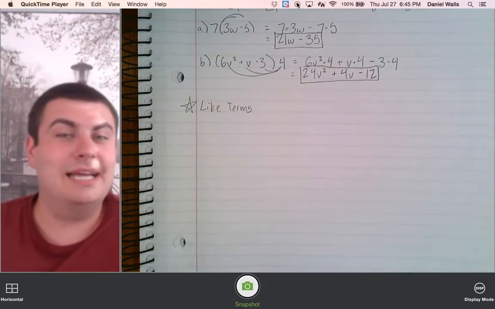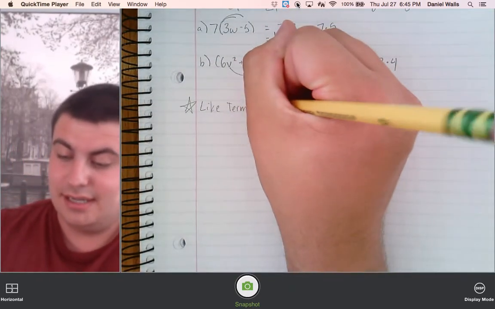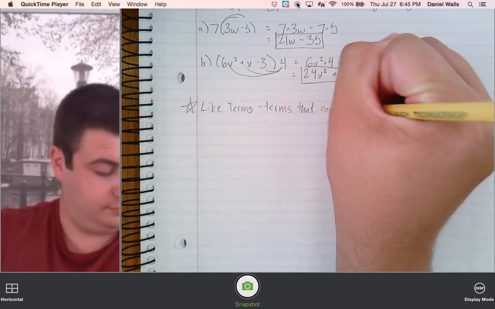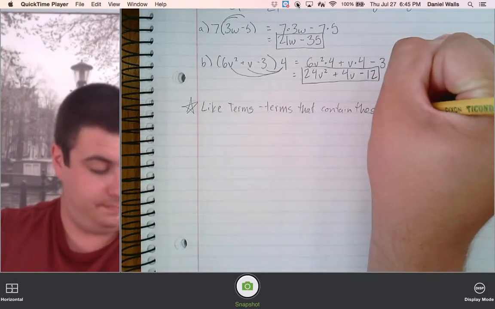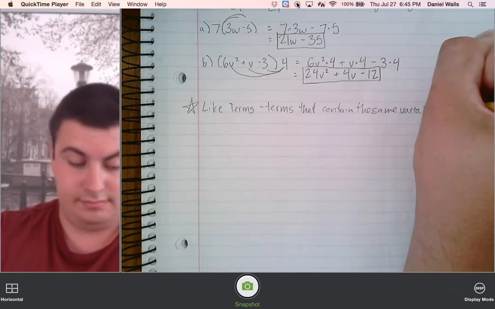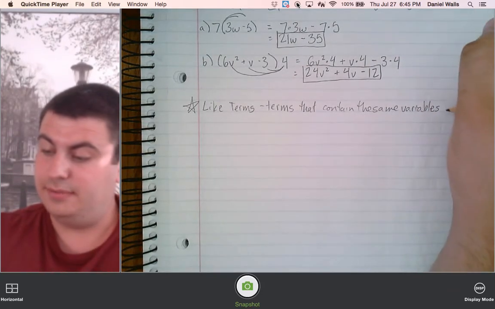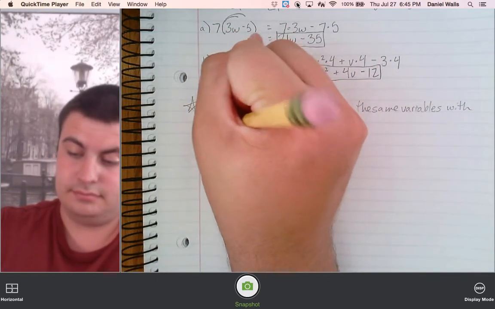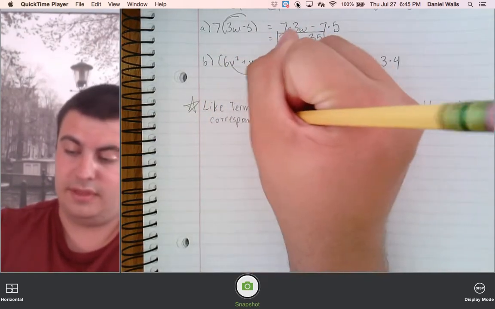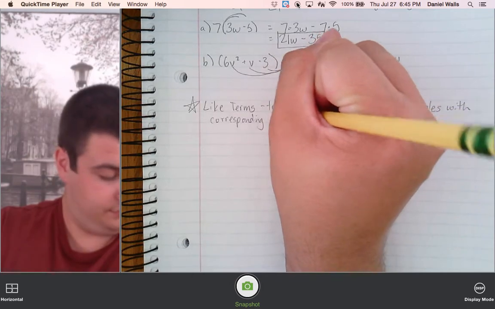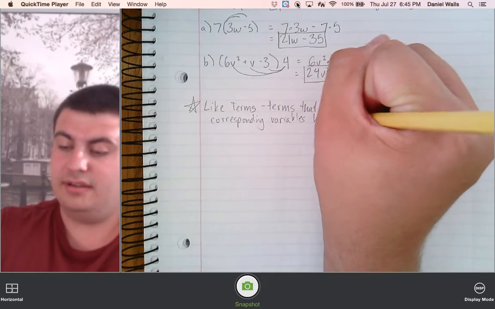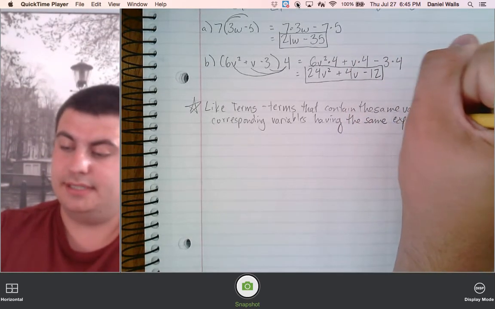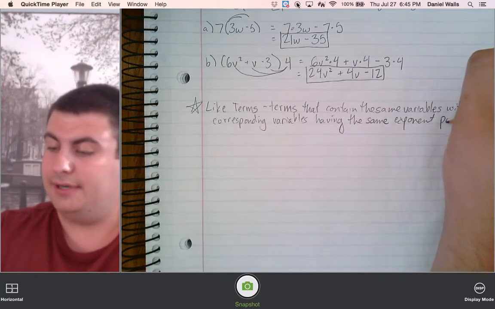You've probably used like terms several times before, but like terms are terms that contain the same variables, with corresponding variables having the same exponent powers.